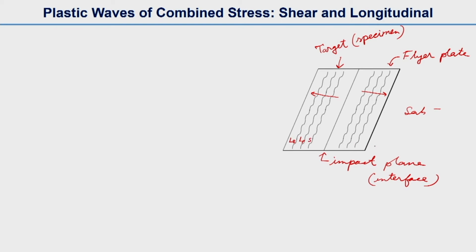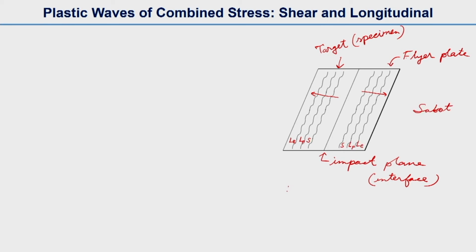Similarly on the other side, in the flyer plate as well, the longitudinal elastic wave will be ahead of the longitudinal plastic wave and the shear wave. Shear wave can be both elastic and plastic.